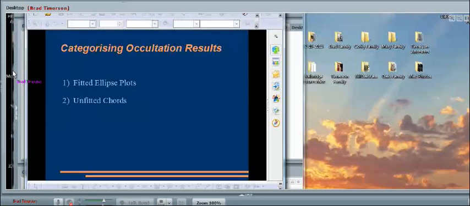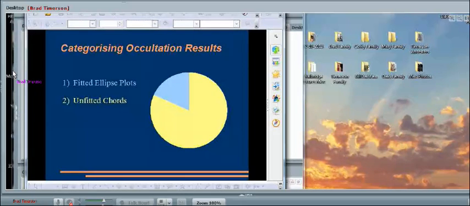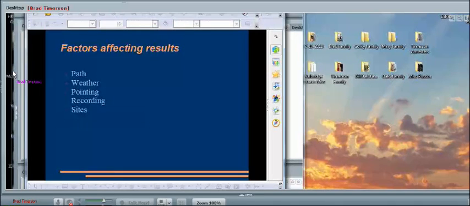When occultations are categorised accordingly, no less than 82% fall into that second category, lacking conclusive results. And it's no wonder, given all the factors required to succeed.